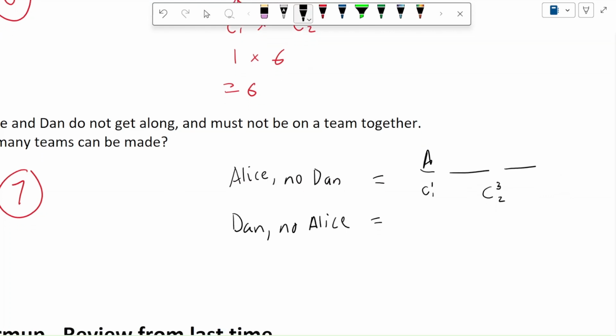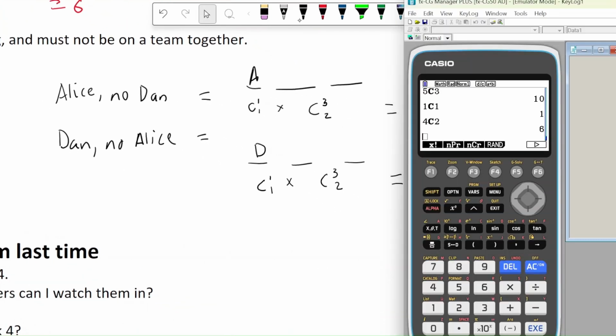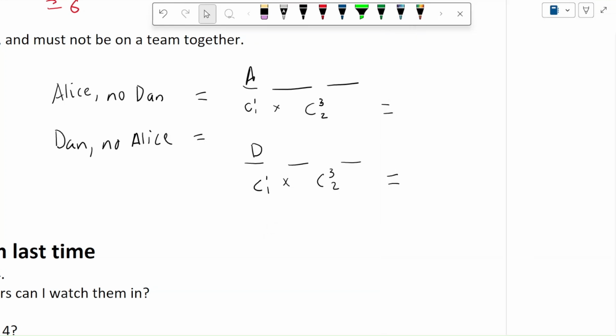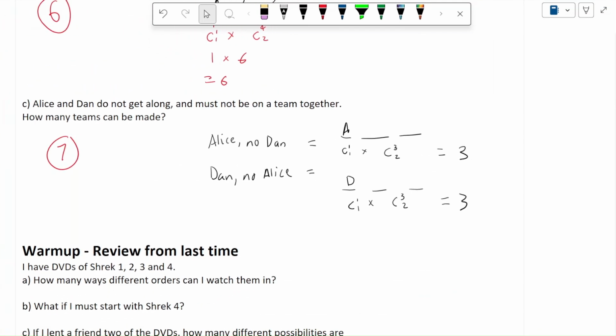So it's C11 times C32. And then here you can go Dan in the team, and then C32 there as well. So C11 times C32. Okay, so if we do that, C11 was 1, but 3C2 is 3. So there are 3 and 3. So in total, there are 6 possible teams that I can make.